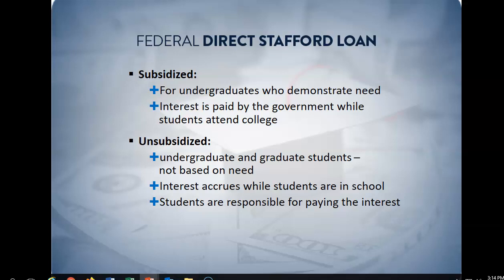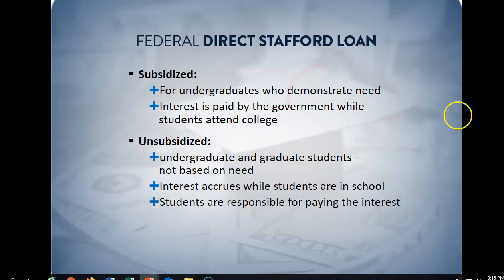For the unsubsidized loans, this is the federal government's way of allowing students and families to borrow more money in the student's name without a cosigner, but there is interest accruing while the student's in school. For undergraduate students, it will have the same interest rate as your subsidized loan, and it will accrue while the student's in school, but you again can defer payment of both principal and interest until 6 months after the student graduates.